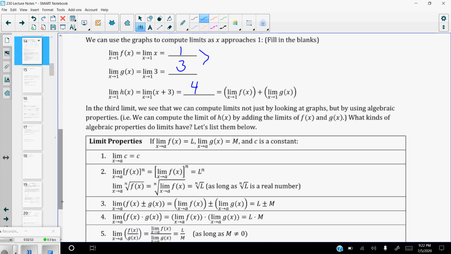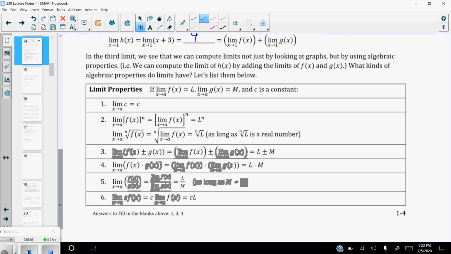So this is one of the many properties that we're going to be able to use for limits. We're going to run through these, and I'm going to try and at least explain them a little bit, and then we'll use them as we go. The first one says the limit of c as x approaches a is c. C represents a constant in this case. But think about it. This piece right here represents the function.